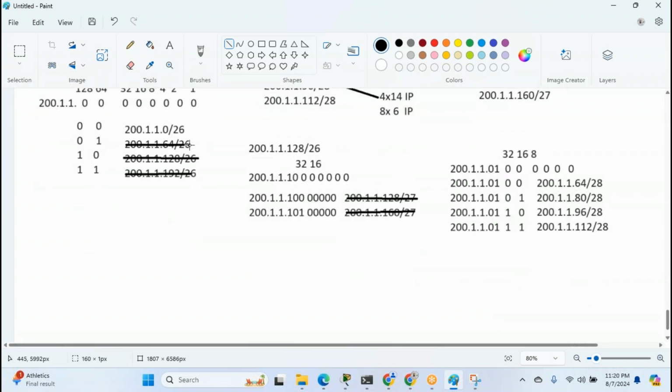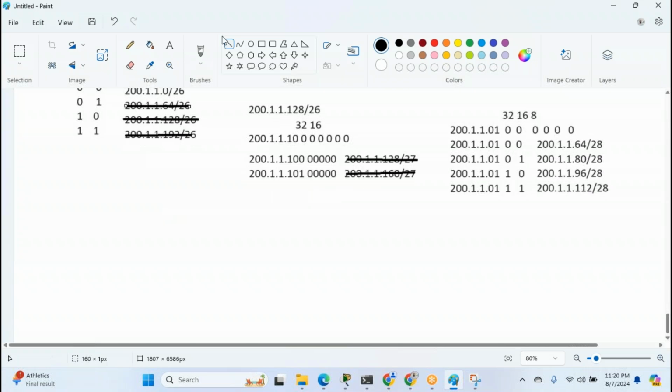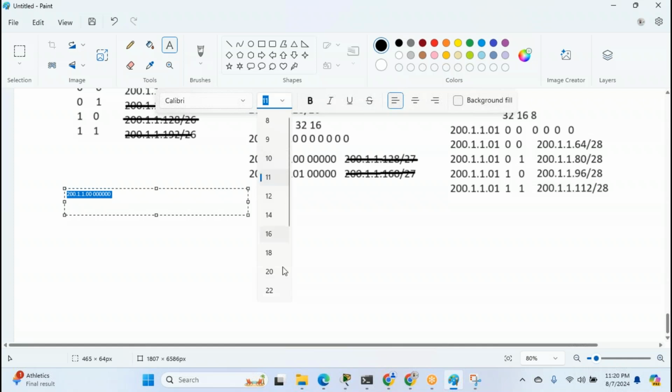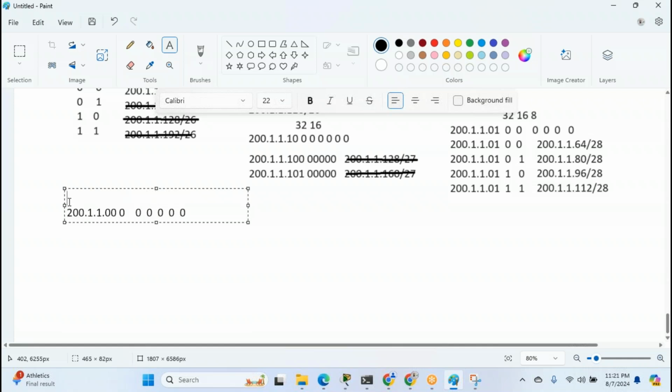Now this one is not available anymore, so 200.1.1.0 is available. We can write down 200.1.1.00 and then 6 bits.